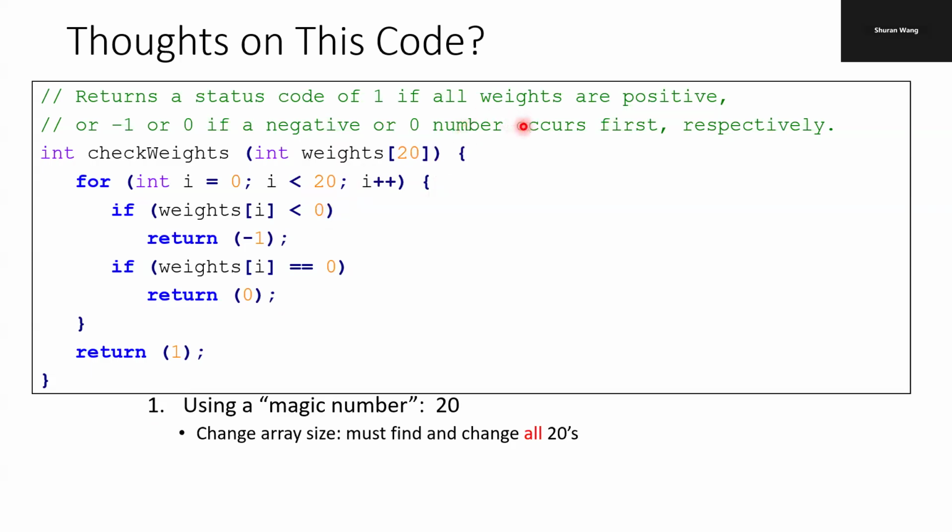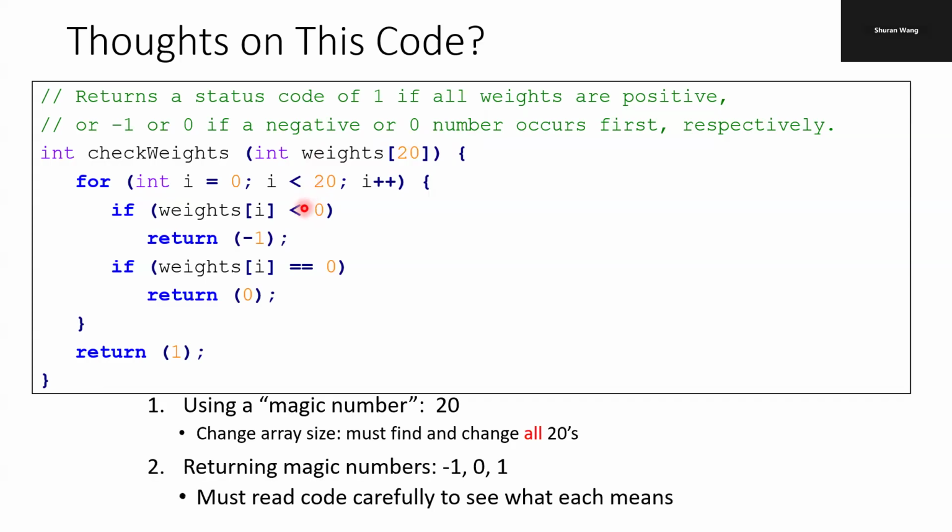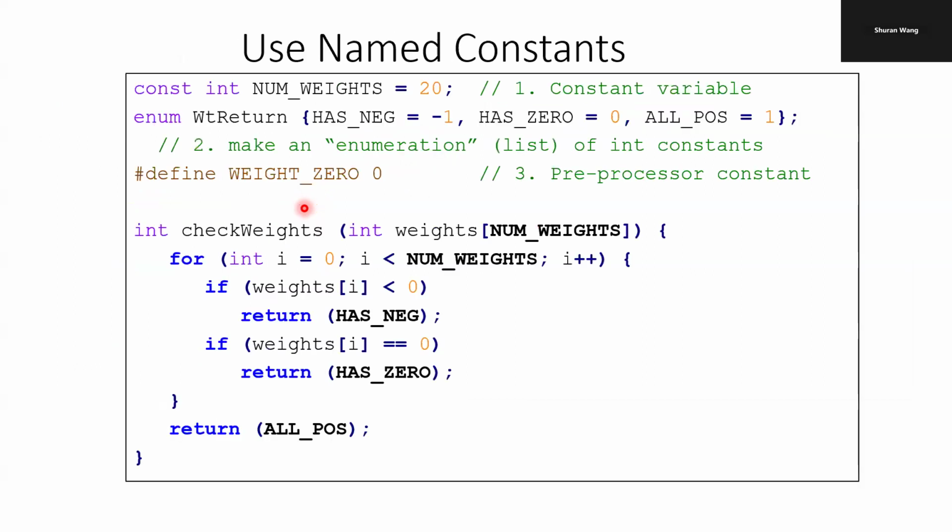So if we need to change the size of the array, we need to find and change all the 20s in here. If we miss any one of them, we'll get a bug. We're returning magic numbers -1, 0, and 1. The reader won't know what each means if they don't read through the code carefully. So we want to change those into named constants.